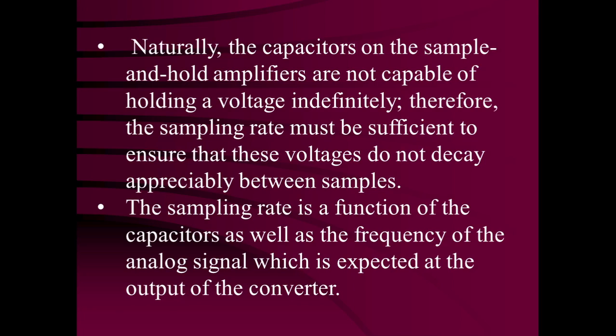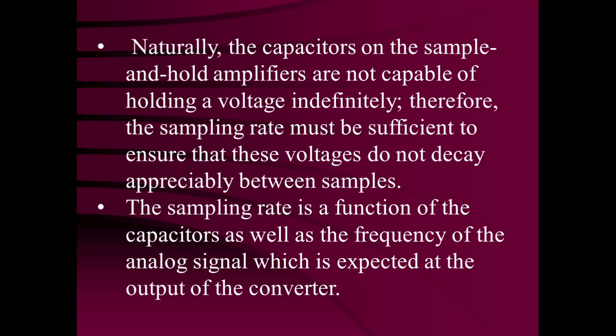It is sufficiently large, but still, because of that resistance, the capacitor is going to discharge and the voltage across the capacitor decreases. Before it decreases sufficiently, the next input has to appear so that the capacitor starts charging again.